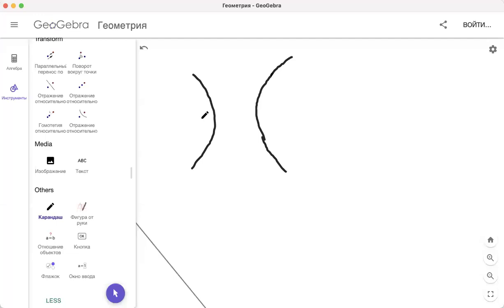So for the first family, centers of the circles lie on the major axis of a hyperbola. Let me draw the circle tangent to a hyperbola at this point.